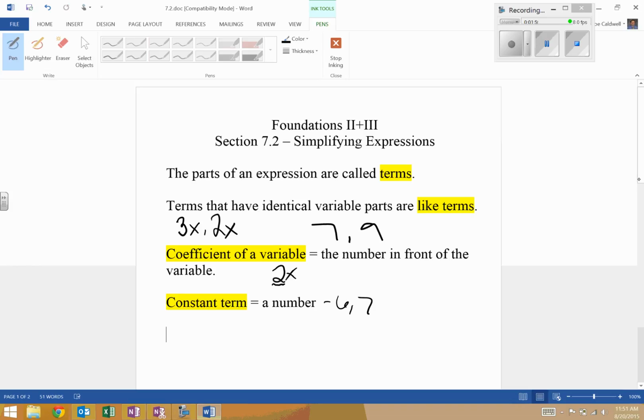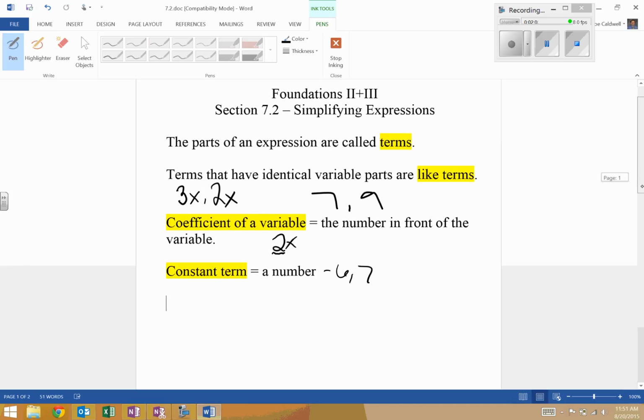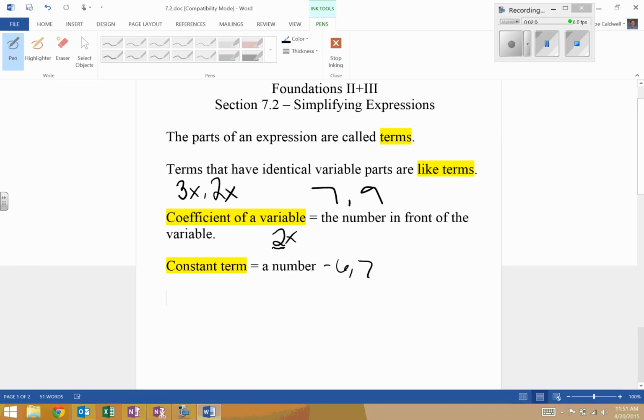Okay, so some rules to follow here. I know on your OneNote it looks a little different, so if you just want to add these to the side. We can only combine like terms. Let's add that as a rule: only combine like terms. Let's do an example of that.